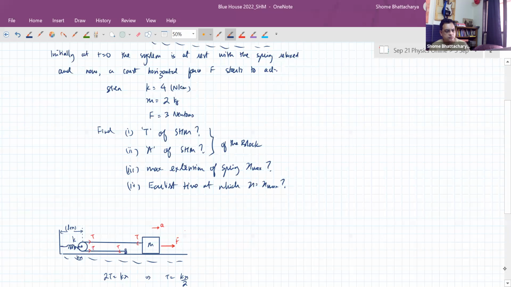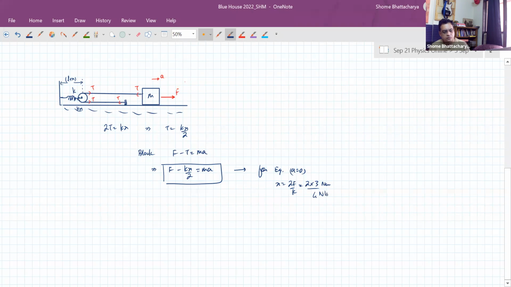So 1.5 centimeters, 3 by 2. That is the extension of the spring at equilibrium. Let's write that as x naught or 2F by k. The extension of spring at equilibrium, which is the mean position.